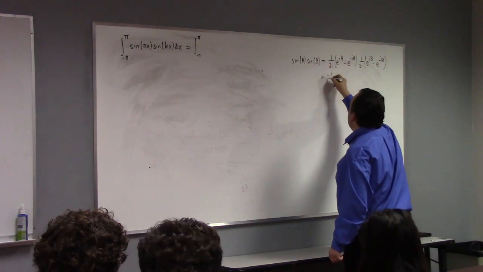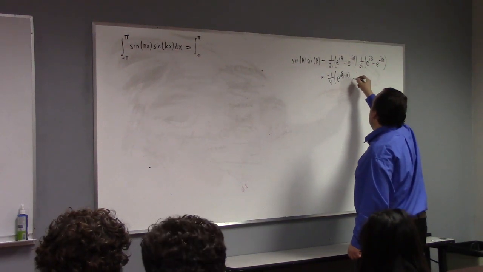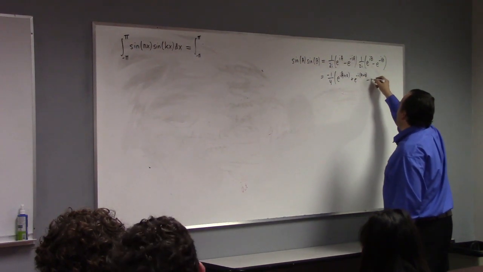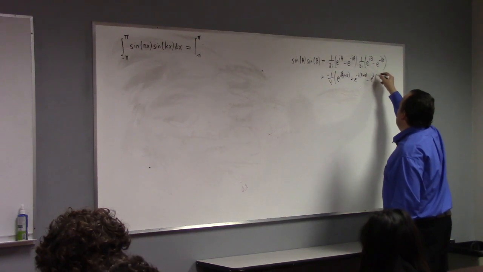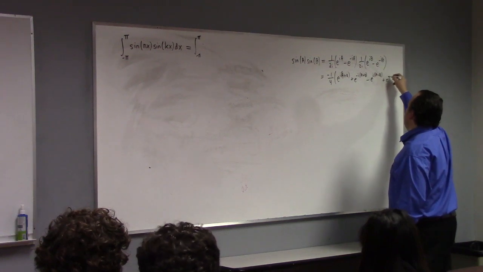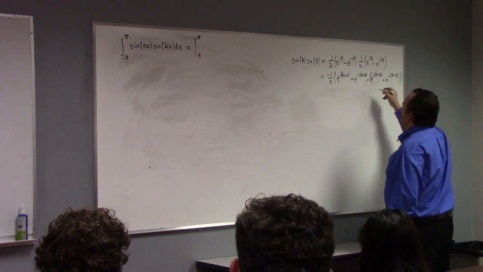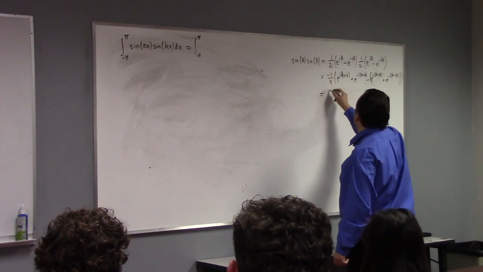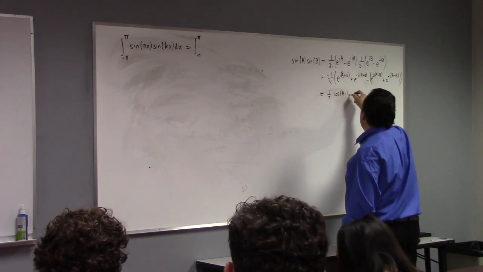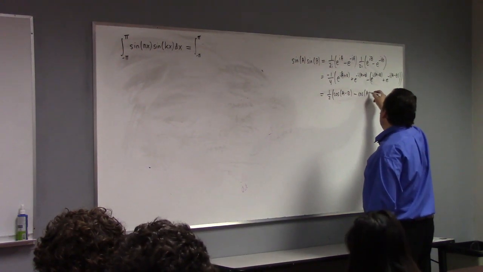Multiply that thing out, I get minus 1/4 [e to the i(a plus b) plus e to the minus i(a plus b) minus e to the i(a minus b) plus e to the minus i(a minus b)]. And so if you tilt your head and squint, you can see that that's 1/2 of cosine of a minus b minus the cosine of a plus b, I believe.